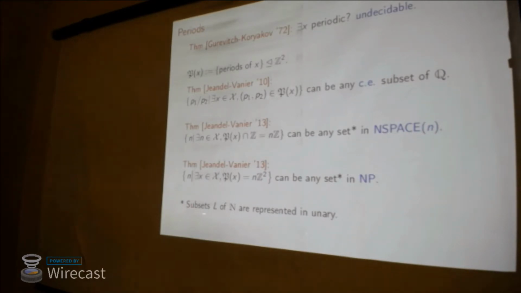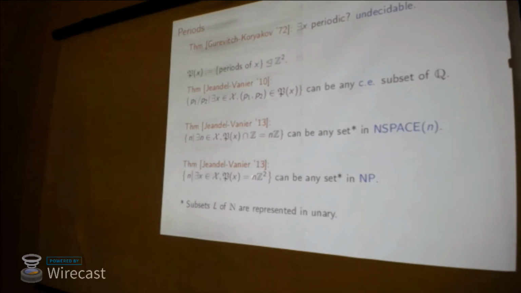Here I wrote that subsets of integers are represented in unary. They showed that the necessary condition, which derives from the definition, is also a sufficient condition to be a set of horizontal periods.